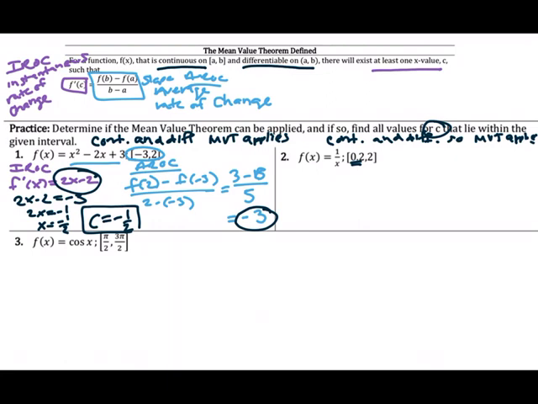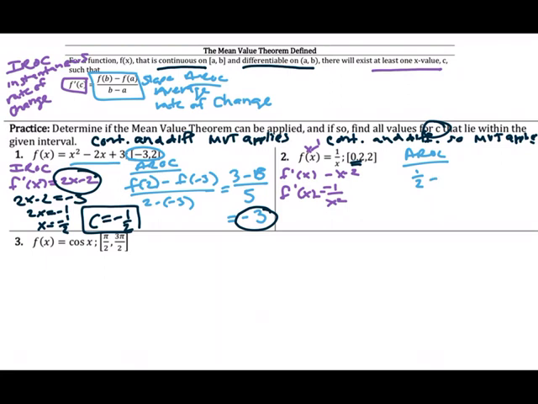So I'm going to find the instantaneous rate of change. The derivative is going to be negative x to the negative second, since this is x to the negative first. And I'm going to go ahead and rewrite that as negative 1 over x squared. The average rate of change is going to be f of 2, which is 1/2, minus f of 1/5.